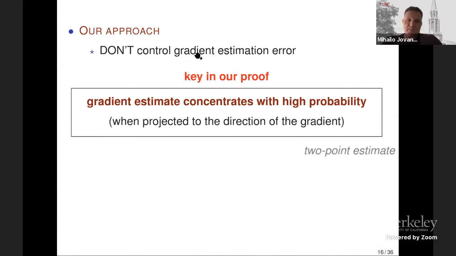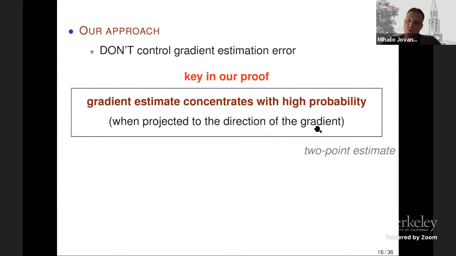One perhaps natural avenue is to try to control the gradient estimation error. And this is essentially what a standard technique would be. What I would like to highlight is that we don't do that. What we do, we exploit the problem structure and utilize results from non-asymptotic statistics to show that the gradient estimate concentrates with high probability when projected to the direction of the gradient.